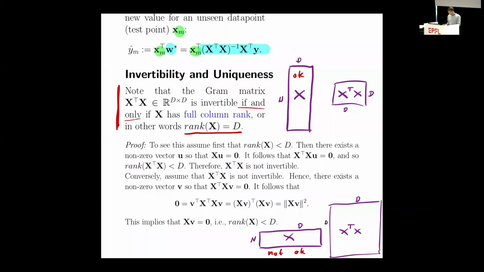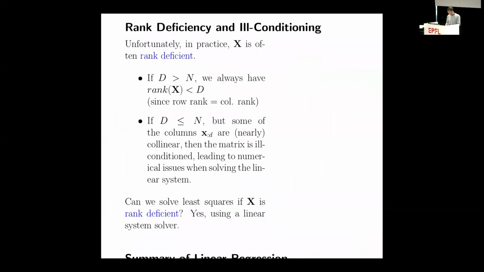All right. Now, if it's not, then what do we do? And that's exactly the case here when we have more features than data points. That's exactly what I already discussed just now. If again the X matrix looks like this, when D is much bigger than N, and that is realistic, right?